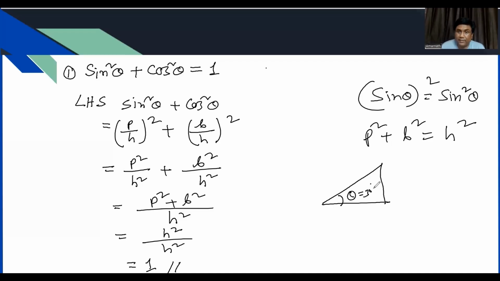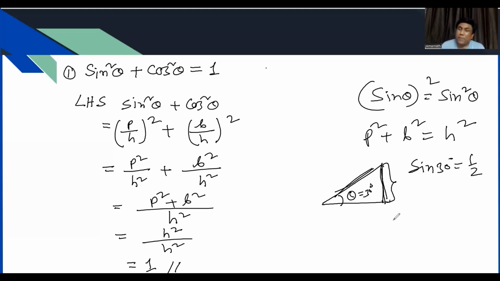So sine 30 will always have a value: perpendicular, this much length, divided by this much length. So actually sine theta has always a fixed value. I'll give you the table. Sine 30 is always half.